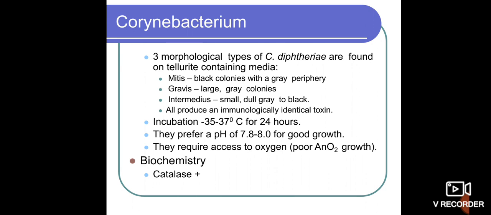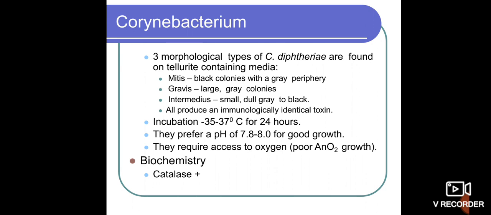Starch and glycogen are used for the biochemical identification of the three biotypes: between the gravis strain and the metis and intermediate types. The gravis strains will produce a positive reaction for starch, and intermediate will produce a negative reaction, while the metis strains are also negative.